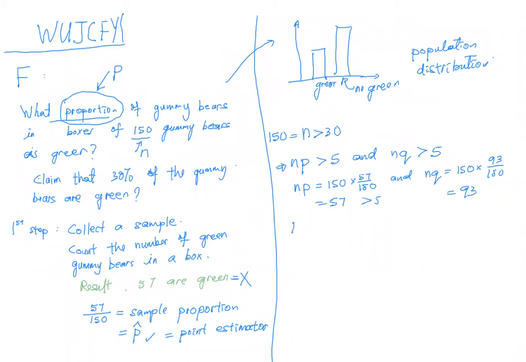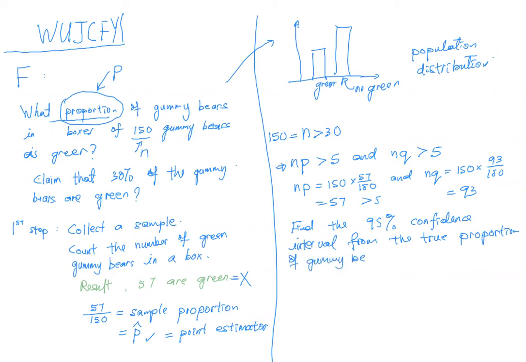If I ask you to find the 95% confidence interval for the true proportion of gummy bears that are green, how do we find it?